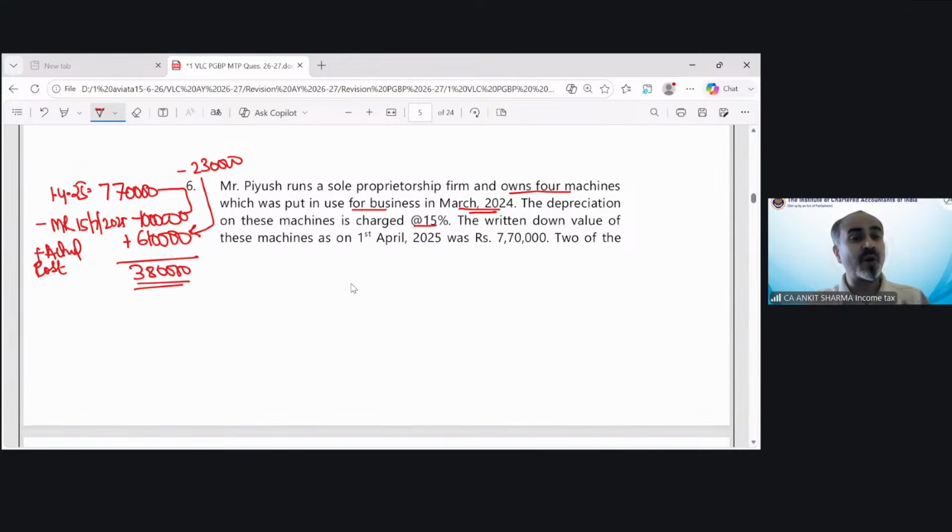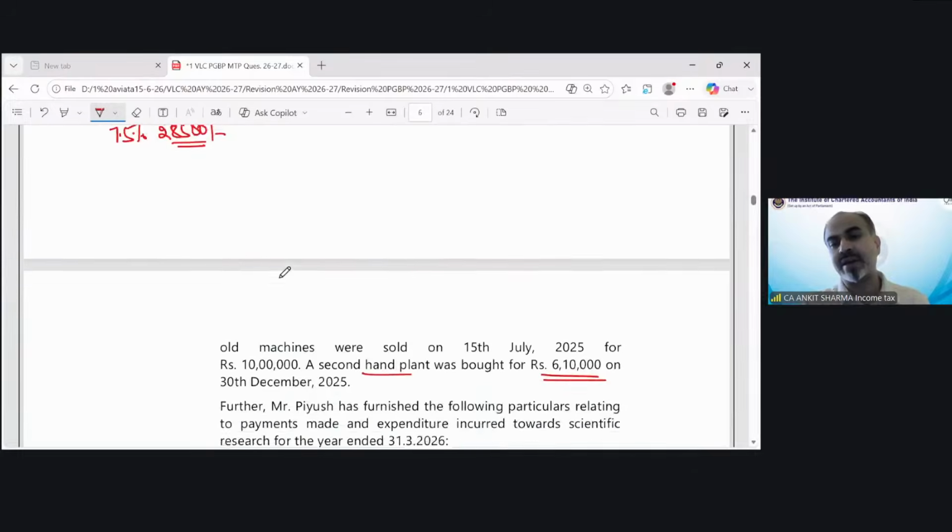And this 380 belongs to the new machine, which has been used for less than 180 days as it has been purchased and put to use in December. So on 380, we will claim the depreciation at half rate, 7.5% of the normal rate, which would amount to 28,500 rupees. So the first answer was the depreciation. And as you can see, the new machine purchased is a second-hand machine, so you cannot claim additional depreciation.